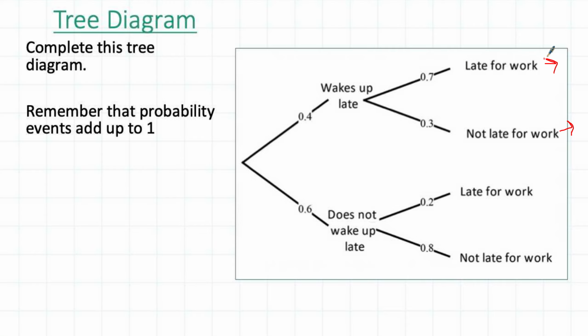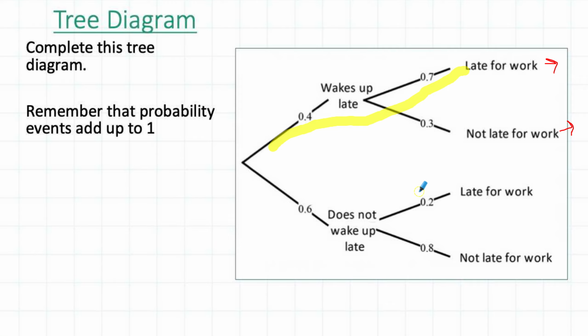So this represents one option, this is another option, and so on. To calculate the probability of one outcome, you multiply the probabilities that are going on each route, if you think of them as routes or paths. So if I'm looking at this path, then the probability of this path would be 0.4 times 0.7. If my outcome is showing up from different possible options, then I need to calculate all of them and add them together.